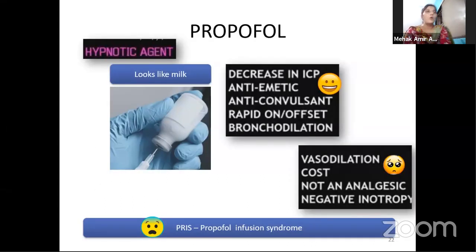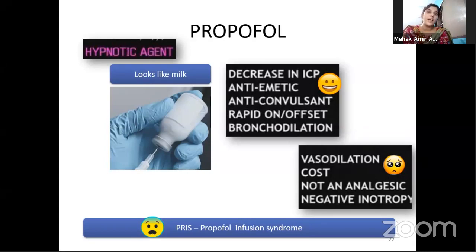Yes. So as you can see, propofol is a lipid emulsion, a milky solution. It decreases intracranial pressure. Anticonvulsive properties are there as well. Its onset and offset are both very rapid, and it also causes bronchodilation. But on the other hand, it causes vasodilation, which means a drop in BP, hypotension.